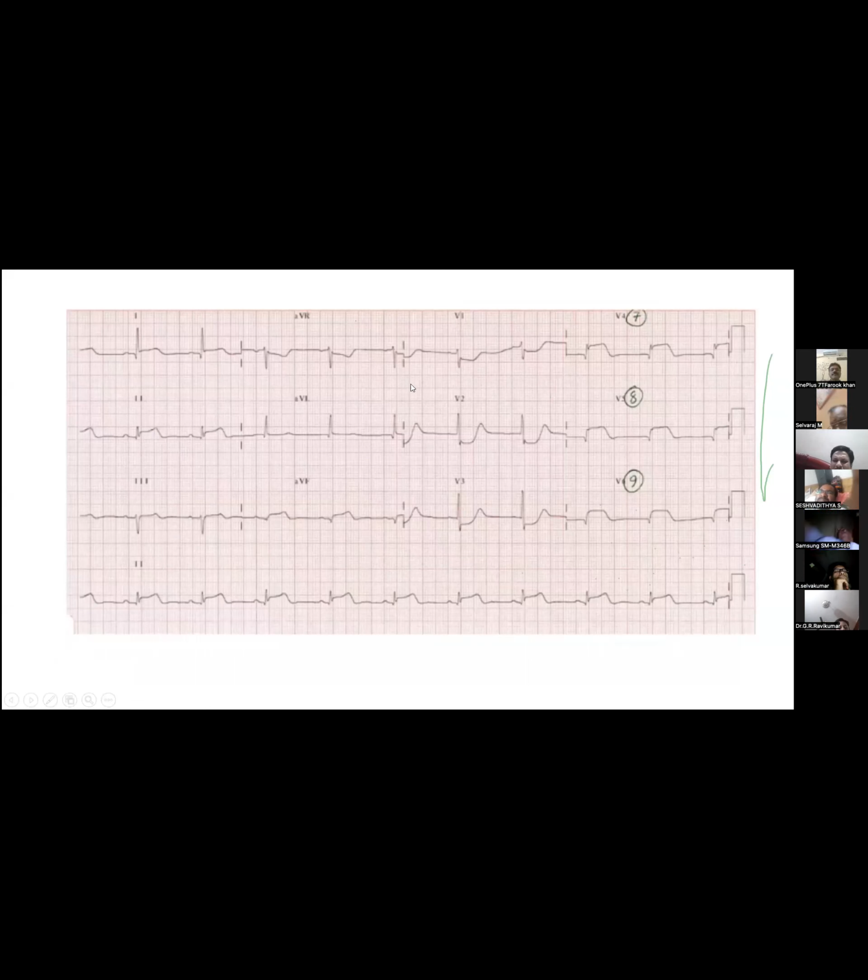The same LCX territory can cause a posterior wall MI as well, which can cause ST elevation in V7, V8, and V9. So if you want to address it, we can always record V7, V8, and V9.